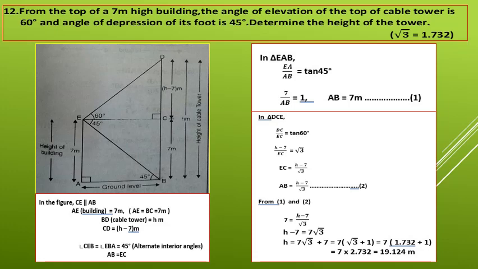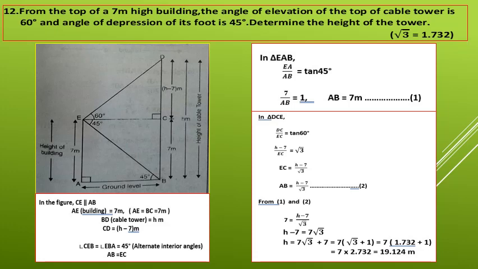From the point of observation E, draw the horizontal line EC, which is parallel to AB. So EC parallel to AB. Now AEBC is a rectangle. In that rectangle, AE is 7 meter.